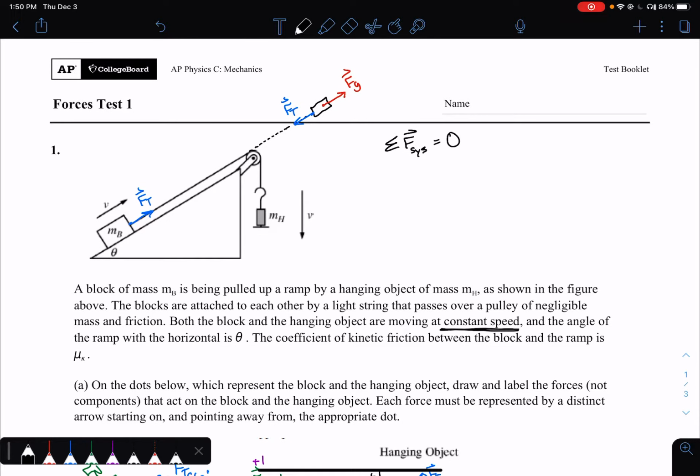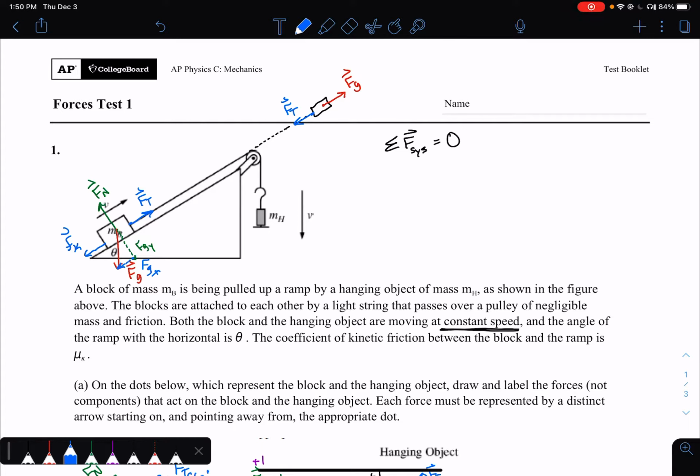Looking at the forces acting on our system here, I've got normal force coming off like that, weight coming down like this, and the kinetic friction coming back like that. Drawing it like this and getting all those forces in a line, I'm also going to draw the y component of my weight, and then the x component of my weight.